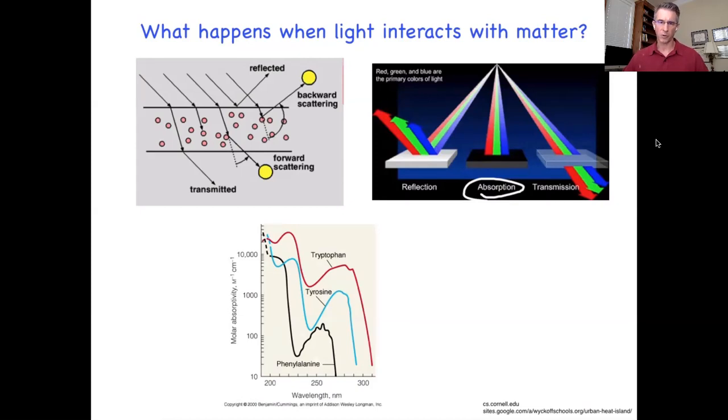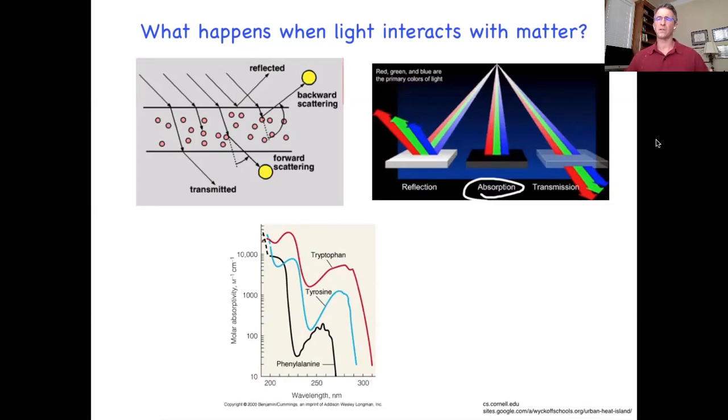One is a descriptive explanation, one that describes what happens, even quantitatively. The other is a mechanistic explanation, the why of the absorption of light by matter, or by aromatic amino acids. Both are correct, but the mechanistic explanation gives you insight that the descriptive explanation doesn't necessarily.